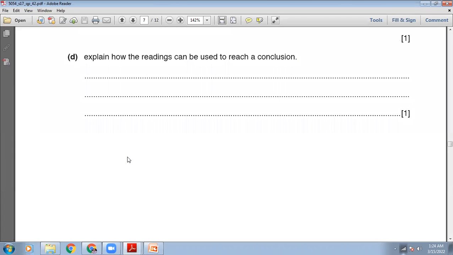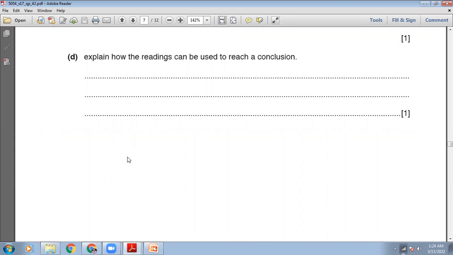It says explain how the readings can be used to reach a conclusion. We will take the initial temperature of the water the same in all the experiments, and we'll pour the hot water into different materials, and check after 10 minutes how much the temperature drop is.